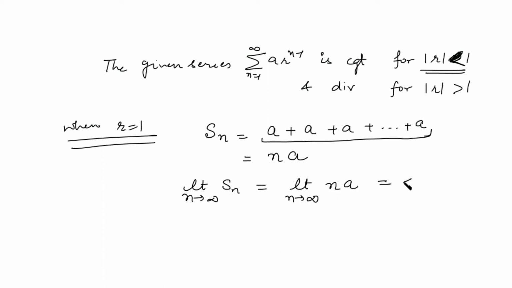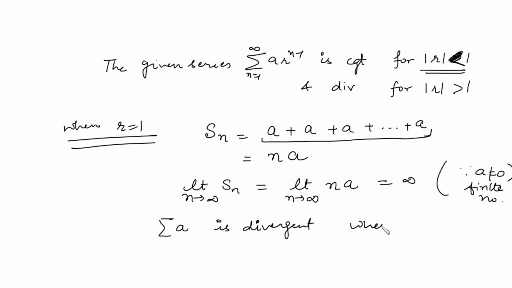You have infinity, because our a is any non-zero finite number, right? So this is approaching infinity. So again, the given series is divergent when your mod of r, or you can say when your r, is exactly 1.